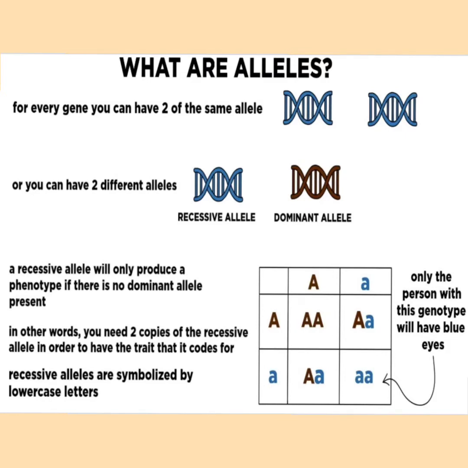That means wherever capital A is present, it will produce only the dominant character. For a recessive character to be expressed, two small a's, or two recessive alleles, are necessary. With this genotype, small a will have blue eyes.